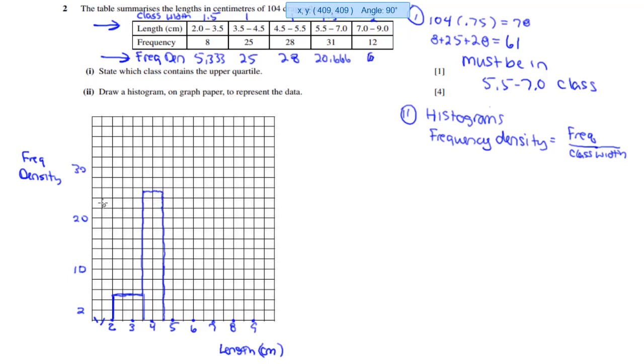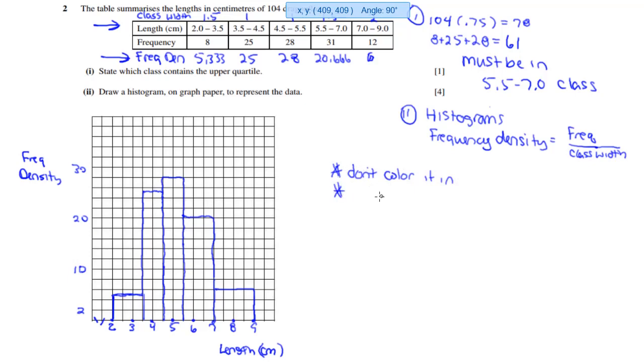And now I'm going to go from 4.5 to 5.5, and I'm going to go up to 28. And the next class is going to be from 5.5 to 7, and I'm going to go up to 20.666. And then the next one is going to go from 7 to 9, and it's going to be at 6.